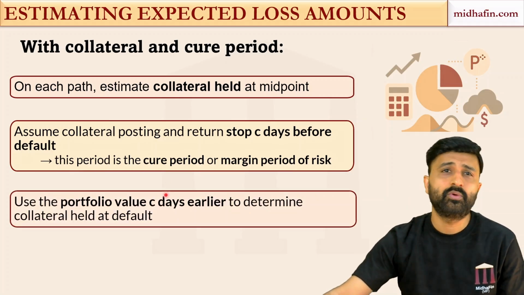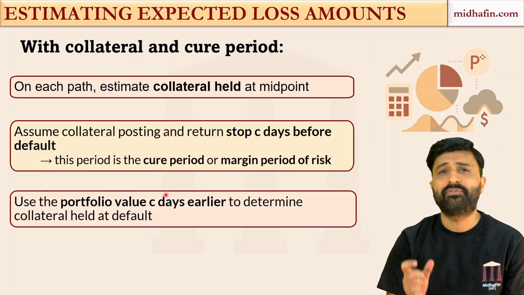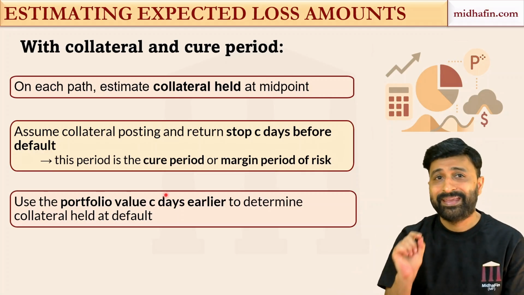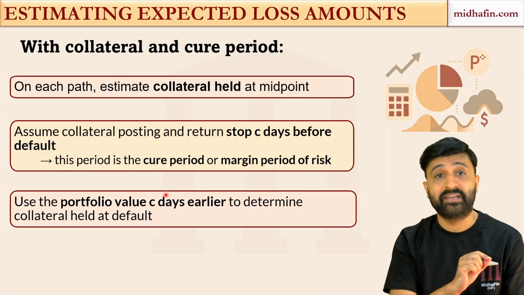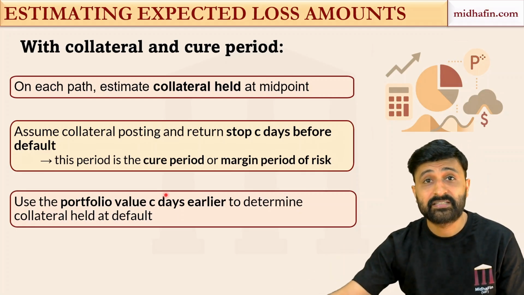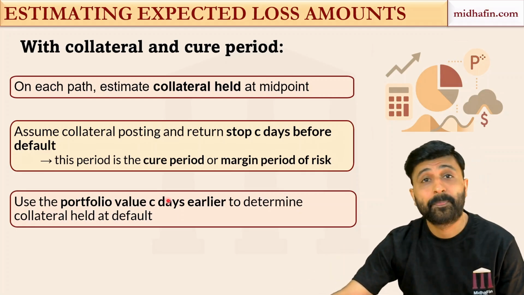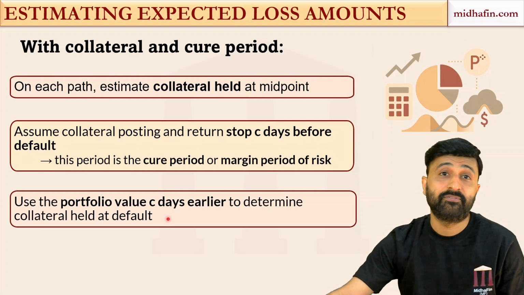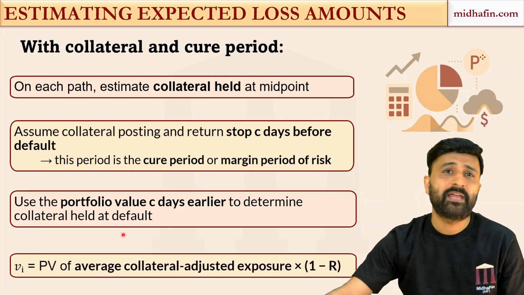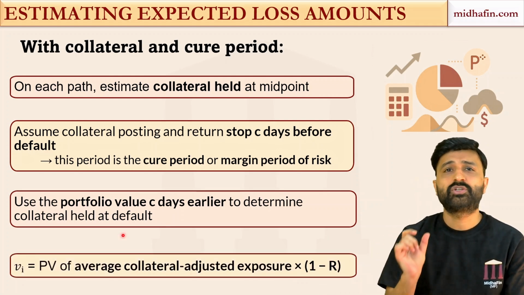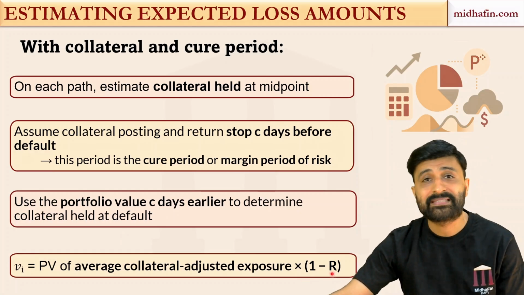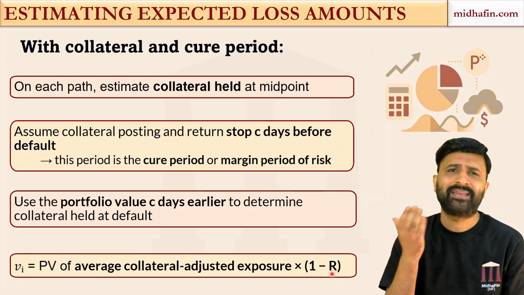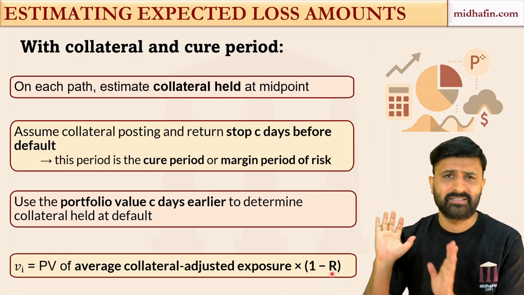Now, in order to know what collateral is held at the midpoint of an interval in the event of default, it is necessary to calculate the value of the transactions C days earlier. That tells us what collateral would be held at the midpoint if a default happens. So finally, Vi becomes the present value of the average collateral adjusted exposure multiplied by 1 minus R, and Vi star is calculated in exactly the same way, just from the other side's perspective.